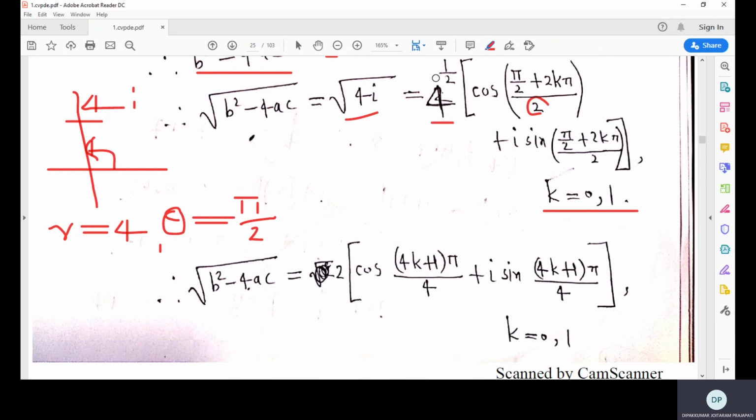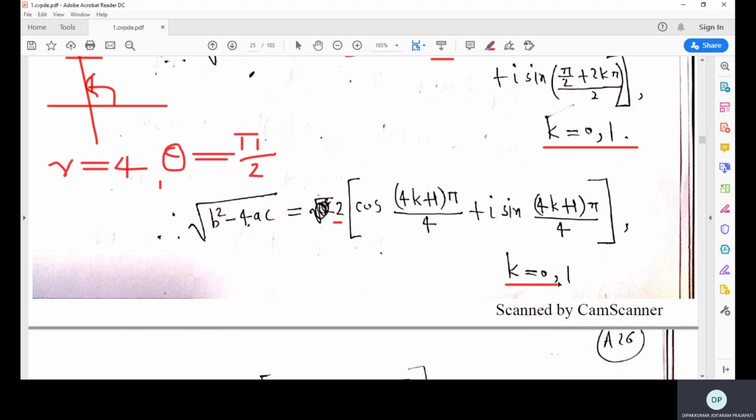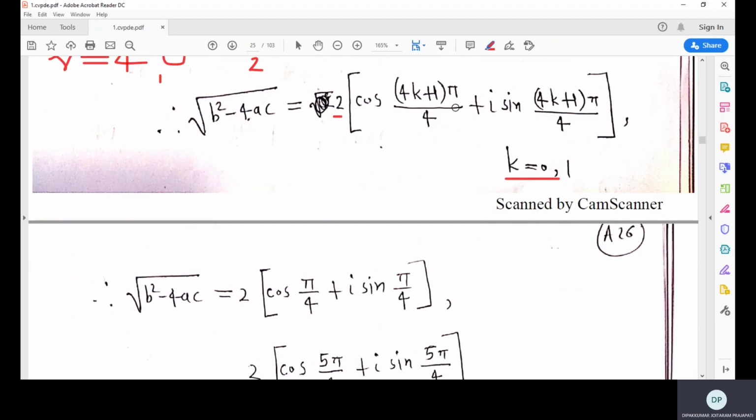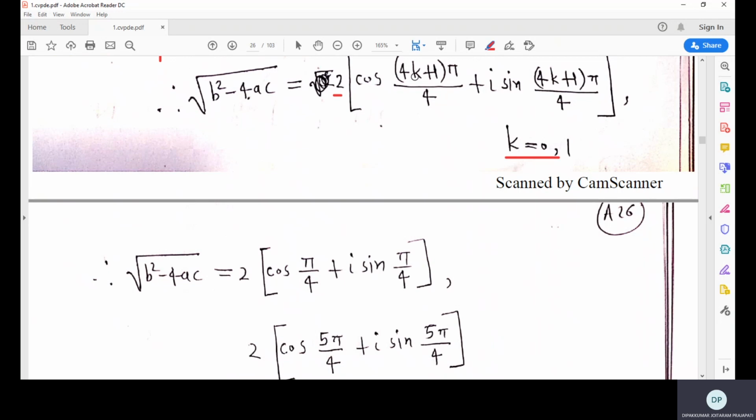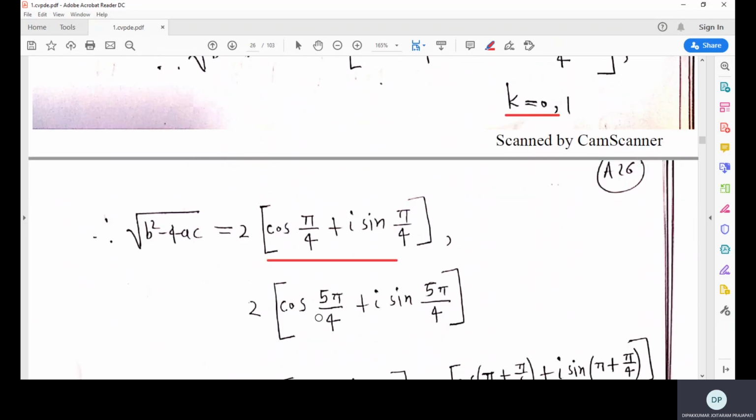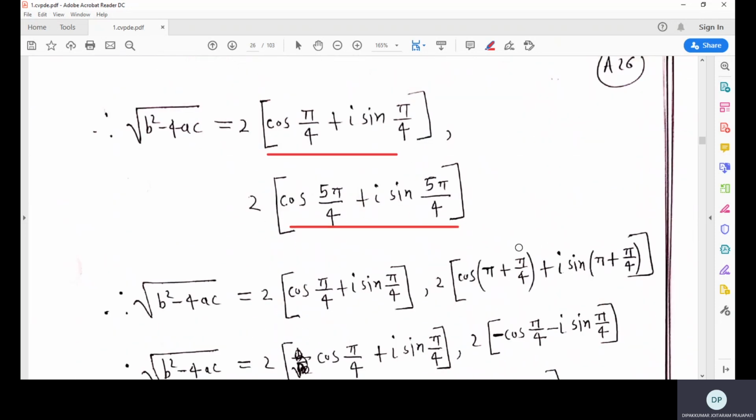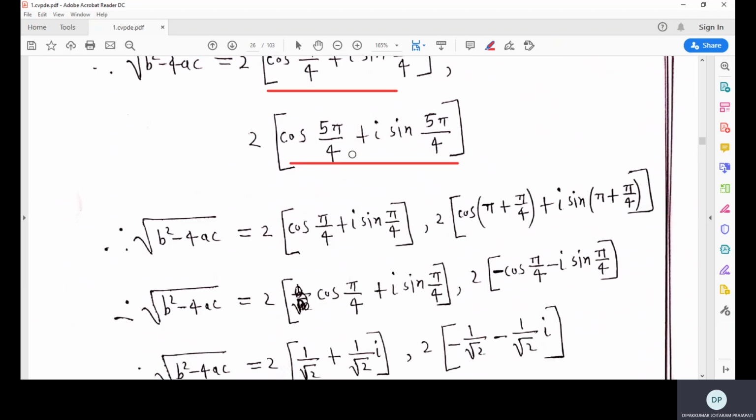Now 4 raised to 1 by 2 means the square root of 4, which is 2, and this we can rewrite with the angle (4k pi plus pi) divided by 4, for k equal to 0, 1. If I take k equal to 0, I obtain cos pi by 4 plus i sin pi by 4, and for k equal to 1 I obtain cos 5 pi by 4 plus i sin 5 pi by 4.